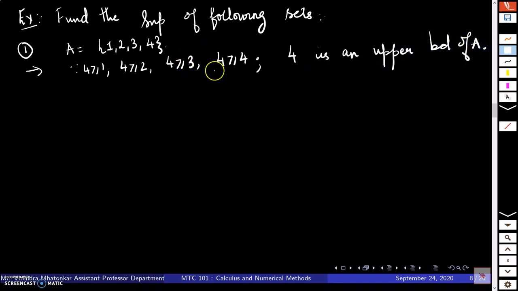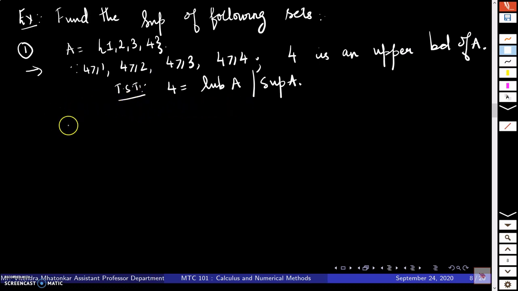Now I want to show that 4 is the least upper bound of A, that is 4 is the supremum of A, okay? So we need to show that 4 is nothing but the least upper bound of A. This is how you write, in short, least upper bound of A, or you can also say supremum of A. Okay, I'll keep on switching between these notations so that you all are comfortable with both.